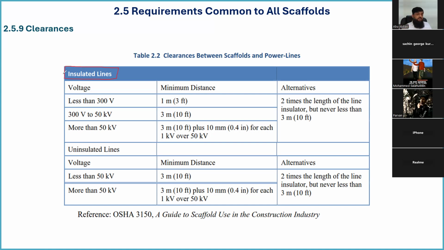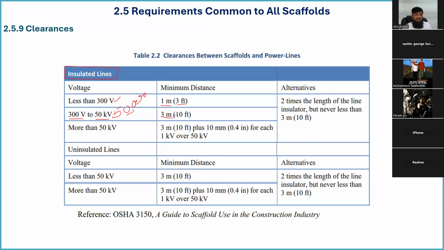Those with the shielding, जिनके ऊपर अपना इंसुलेशन की शीट होगी या इंसुलेटेड होगी, जो less than 300 volt, normal, those we have to maintain at least 1 meter distance, or 3 foot. 300 volt to 50 kV. 50 kV means 50 plus 1000, 50,000.